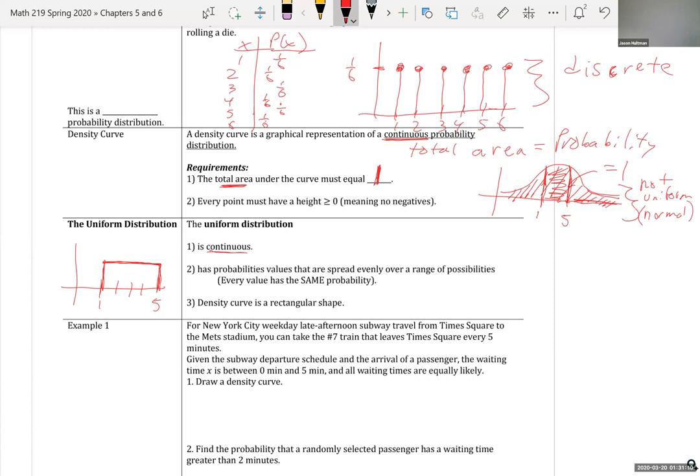The density curve has a rectangular shape, and so here's how I figure out the uniform distribution. Say that the uniform distribution goes from 1 to 5. What I do is I take the range and I do 1 over the range. That will give me the height of the rectangle.